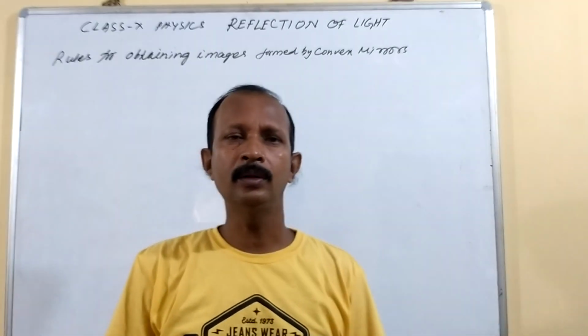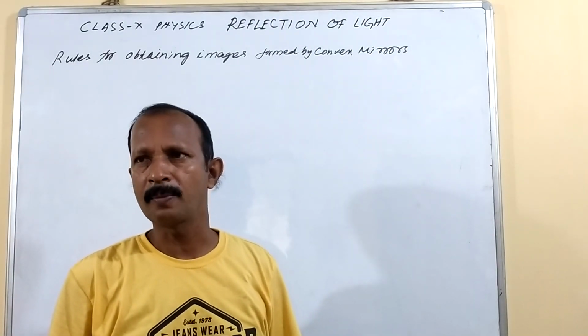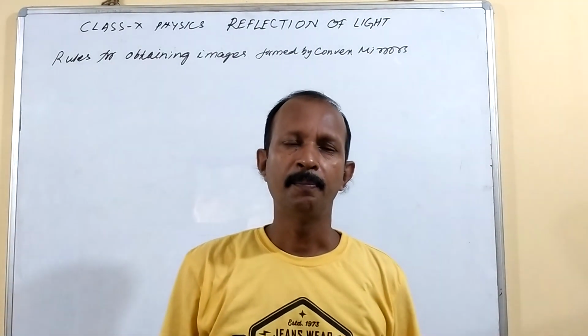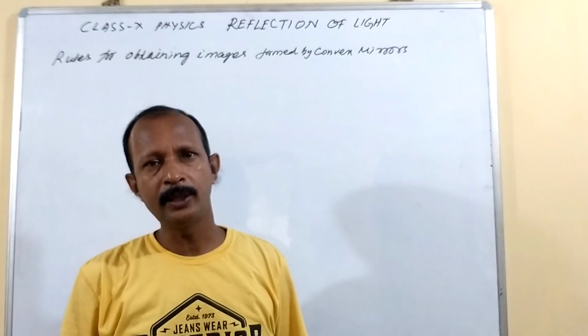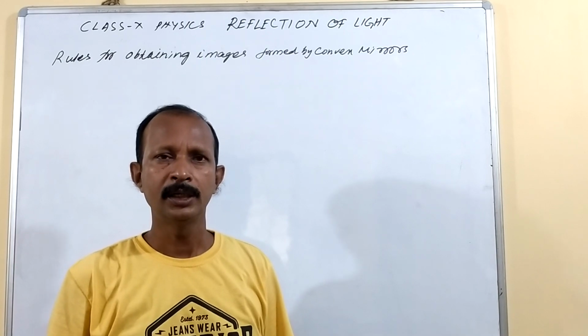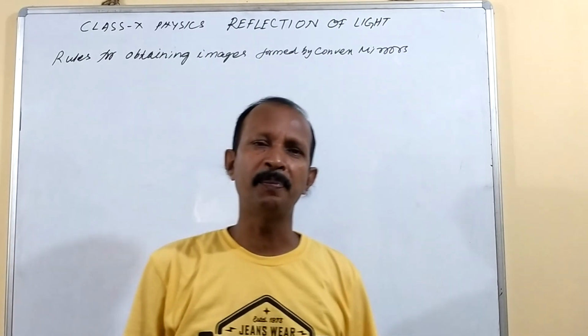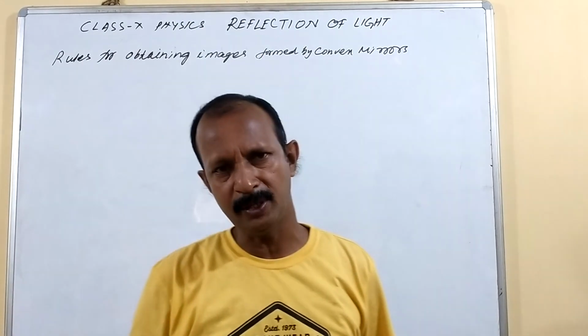Today in this video I am going to explain the image formation by convex mirrors. In my previous video I explained how to form the image when the object is placed at different positions in front of a concave mirror.